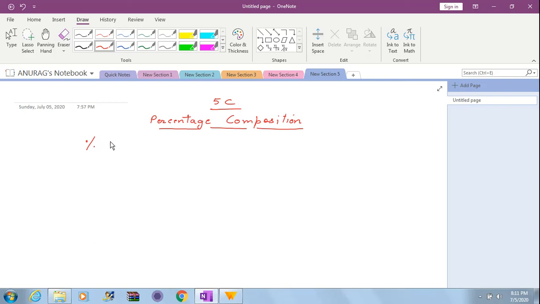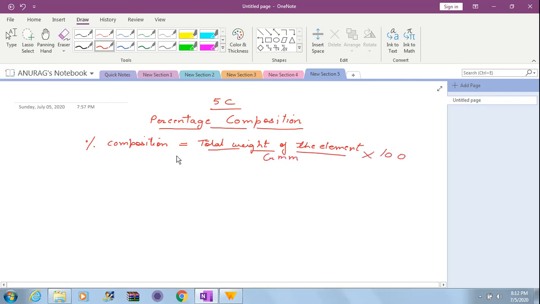So just write the formulas clearly in your copy that percentage composition किसको बोलते हो आप, percentage composition किसी एक मॉलिक्यूल में if you are finding out what percentage of that element is present, that is your percentage composition, right? So percentage composition will be equal to the total weight of the element divided by GMM multiplied by 100.